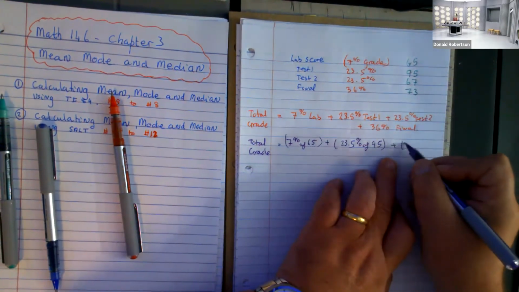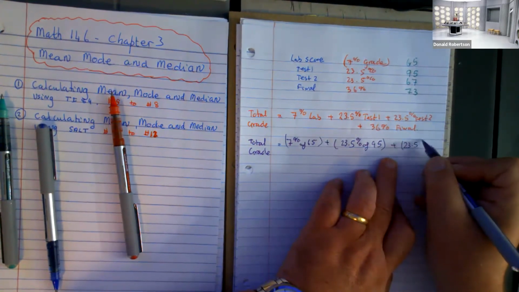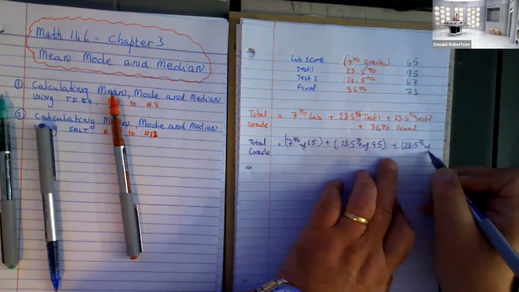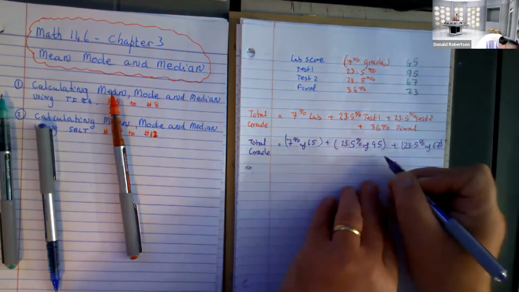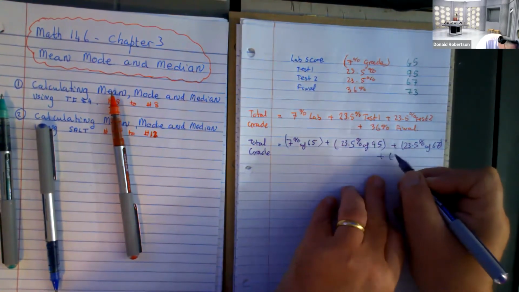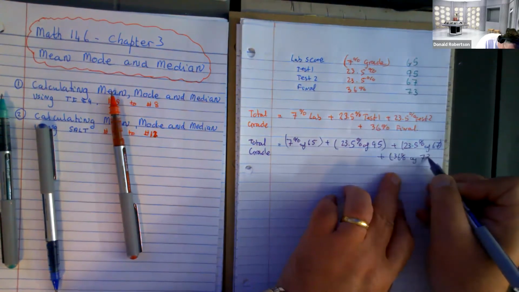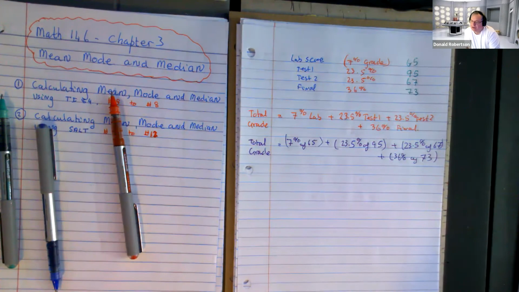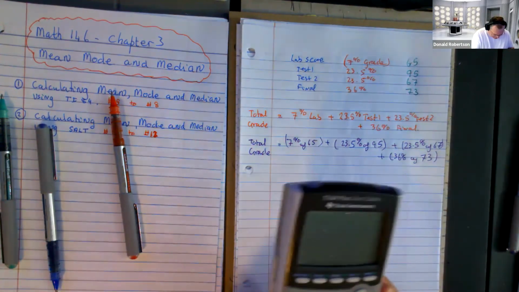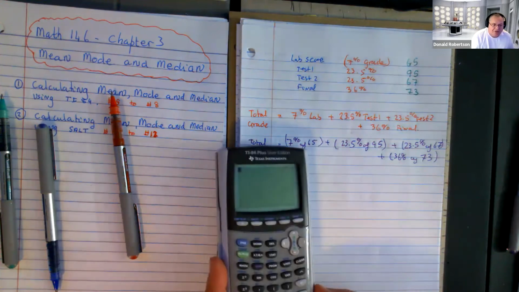And then you add another 23.5% of 67. Then you add 36% of 73. Are you comfortable with what we're doing here?